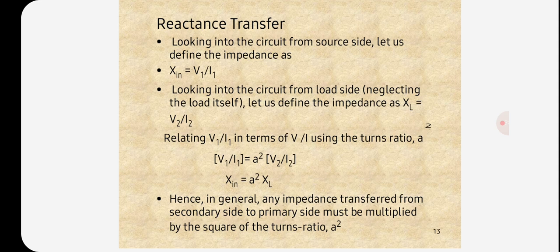Relating V1 by I1 in terms of V2 by I2 using the turns ratio A, V1 by I1 is equal to A squared V2 by I2, that is Z in is equal to A squared ZL. Hence, in general, any impedance transferred from secondary side to primary side must be multiplied by the square of the turns ratio, A squared.